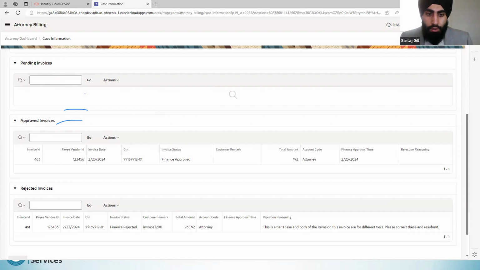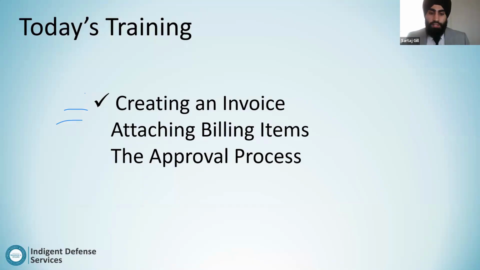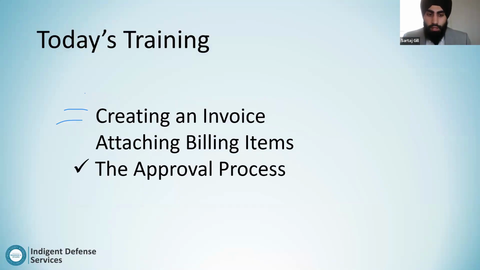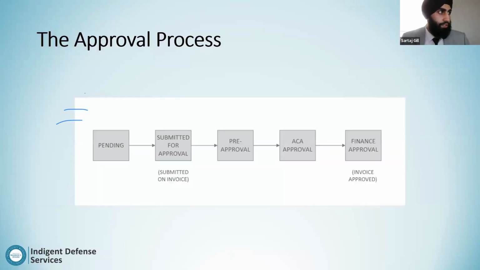And just to go a little more over the approval process on a visual standpoint, Natalie has created a diagram for us to look over. So when you add a billing item, you go over to the payment status of pending. When you submit it on an invoice, the billing item goes over to a status of submitted for approval.